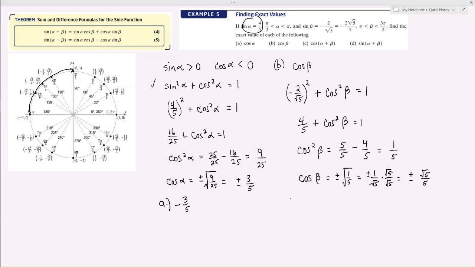And the notion here that the angle lies between pi and 3 pi over 2 is telling us that we're in quadrant 3. And again, the cosines there are negative, so we're going to take the negative result. And so for our answer for B, we're going to say it's negative square root of 5 over 5.